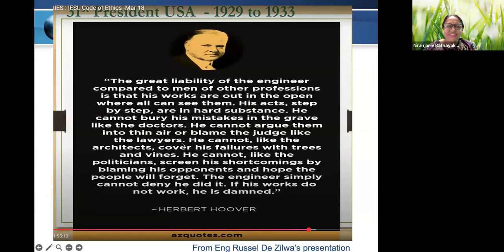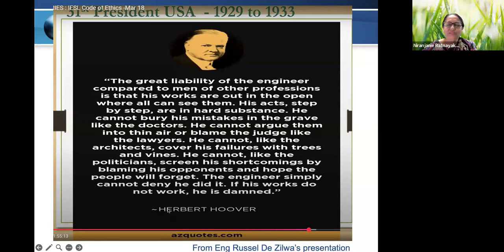He cannot, like the architects, cover his failures with trees and vines. He cannot, like the politicians, screen his shortcomings by blaming his opponents and hope the people will forget. The engineer simply cannot deny he did it.